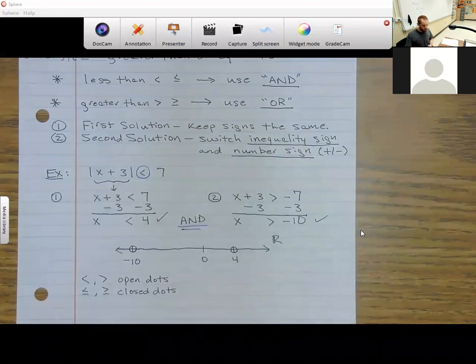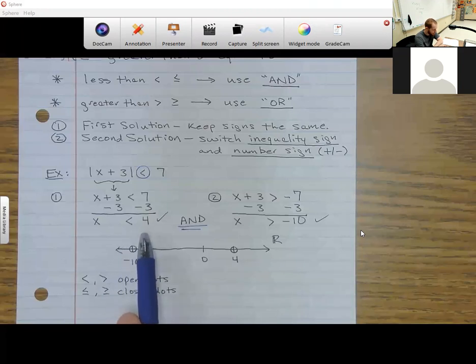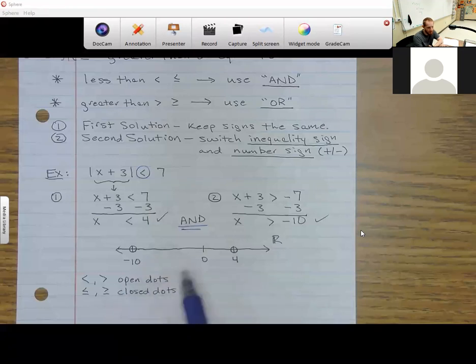Okay, so which way do we shade? Well, what does the first solution say? The first solution says x is less than 4. So I have to shade to the less than 4. That means everything to the left of 4 has got to be less than 4, right? So I'm going to shade to the left of the 4, right?